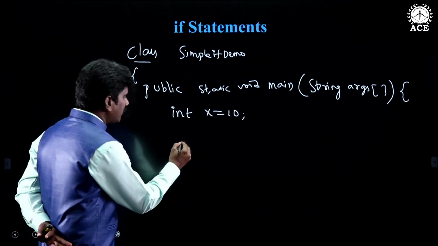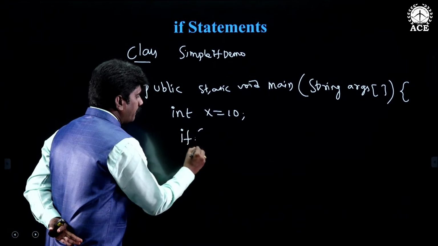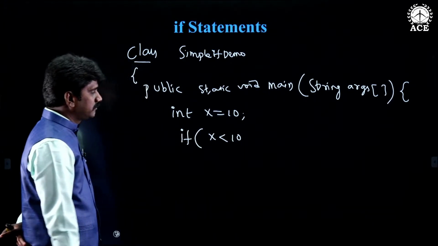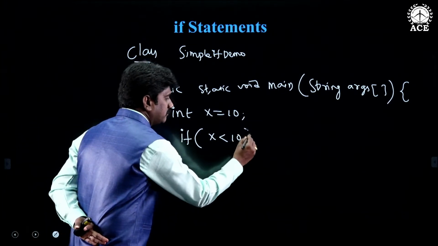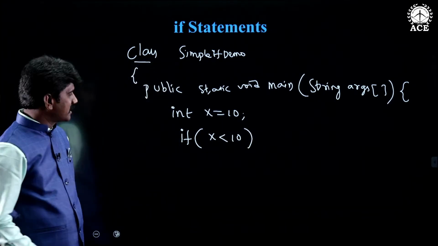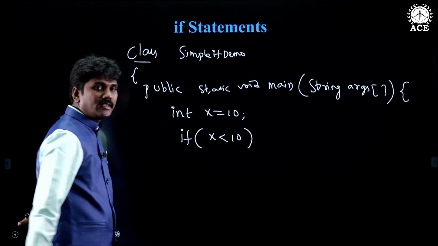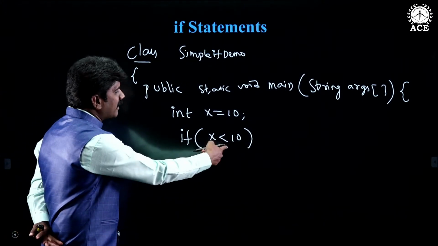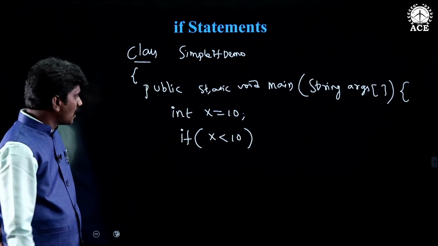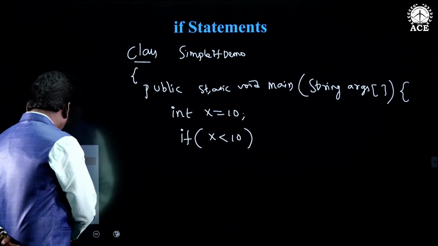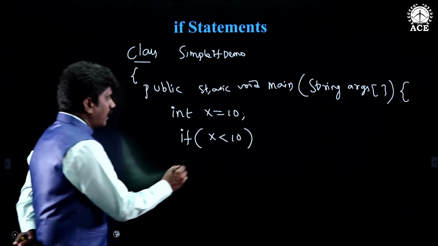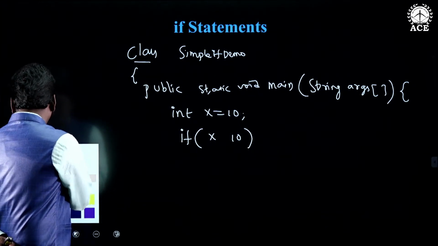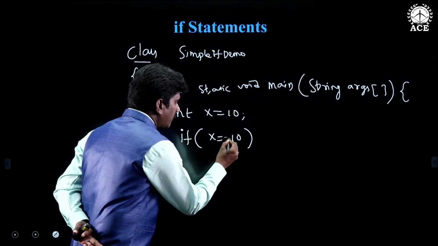Suppose we check one condition: if x is less than 10. I have written one statement, x less than 10. What is the x value? x is equal to 10, and I am checking the condition x less than 10. Before going on like this, let me check another way: if x is equal to 10.